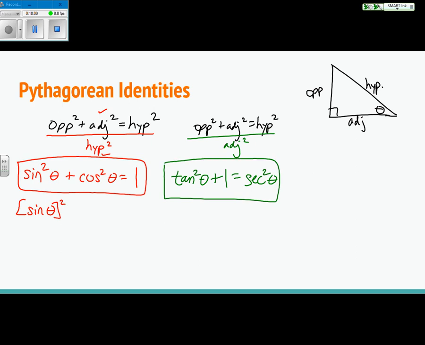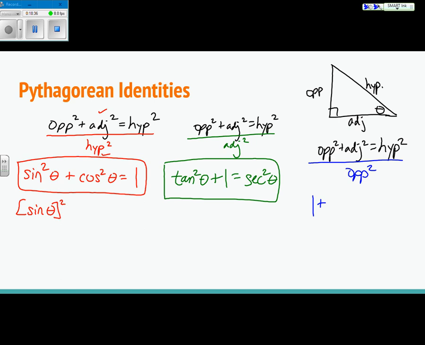Got one more. All right, the only thing we haven't divided by yet is the opposite side. So I'm going to divide everything by the opposite side squared. Well, opposite divided by opposite is just going to be 1.